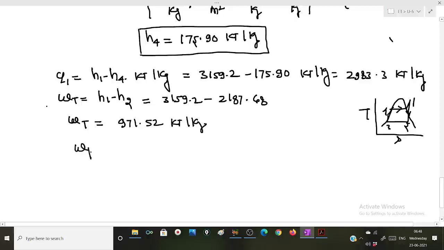And finally the pump work WP is H4 minus H3, 175.90 minus H3, which is 173.9. So pump work comes out to be 2 kilojoule per kg.